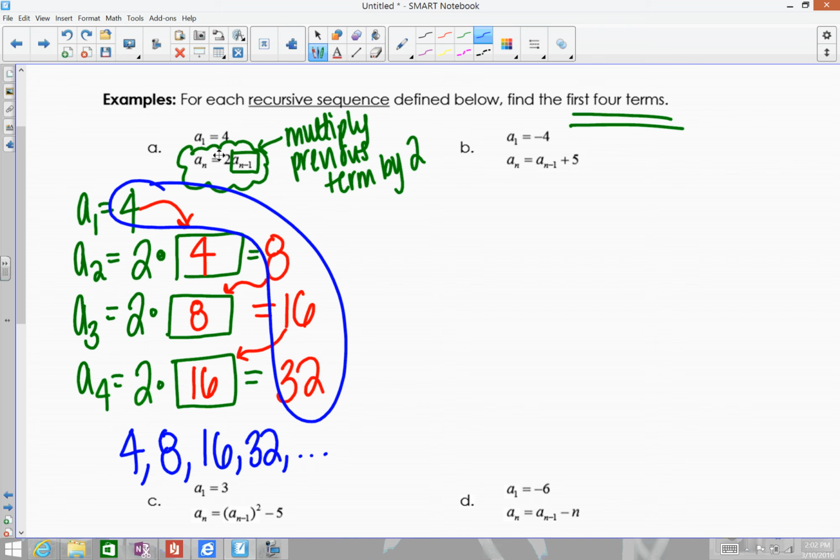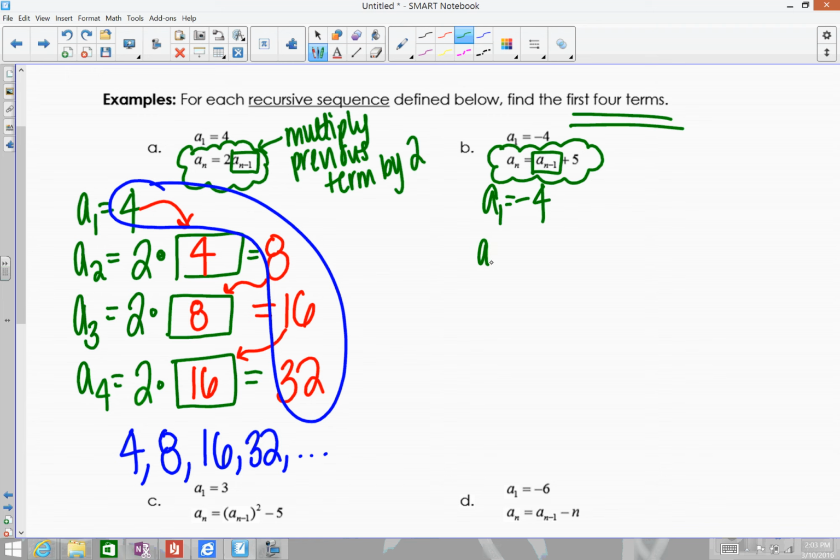So let's look at a couple more examples. So this first term in the sequence here, a sub 1, is -4. So then I look at the recursive part of this, and I'm going to box in whatever that a sub n minus 1 is, because that's my previous term.